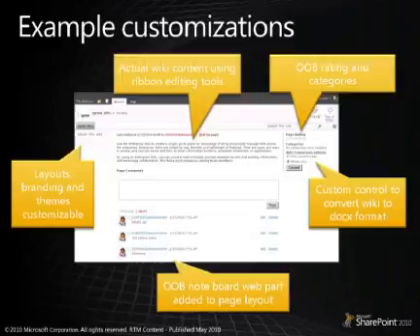In this example, we have created a custom page layout which provides additional functionality based on business requirements. There's out-of-the-box functionalities like the wiki editing, ribbon support, rating, and categories. As additional functionalities on the page layout, we placed the out-of-the-box noteboard web part so that each wiki page can be commented on by end users.